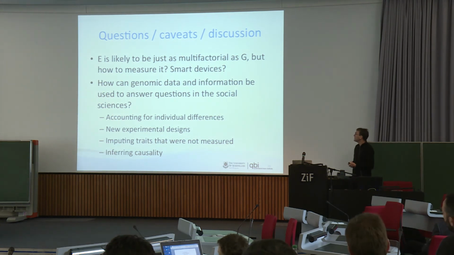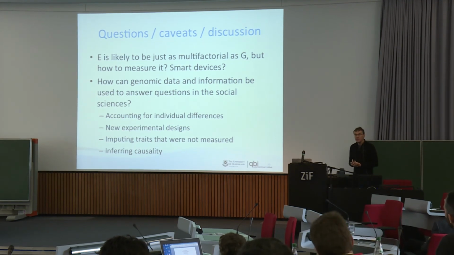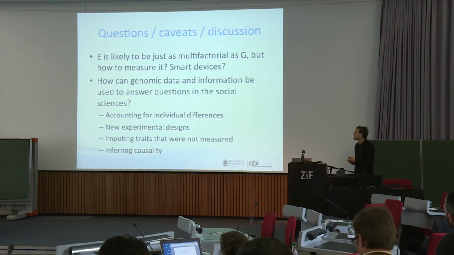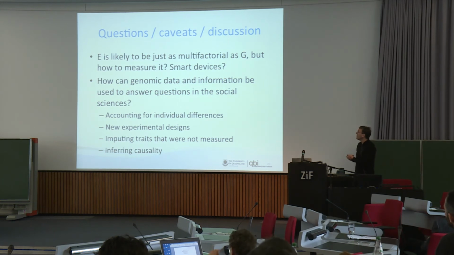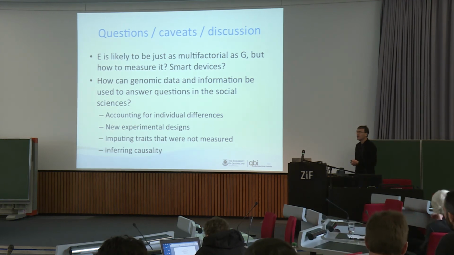Another question, which I think is more tangible and in the short term, is how can we leverage the information that's now available from genomic data to answer questions in the social sciences? And I think one of them is very mundane.